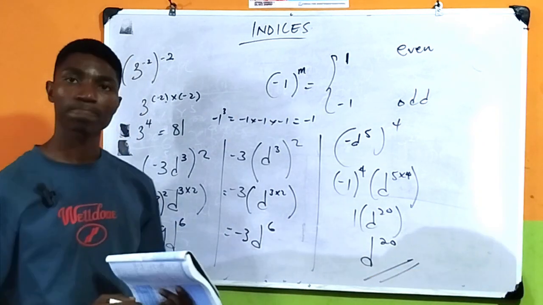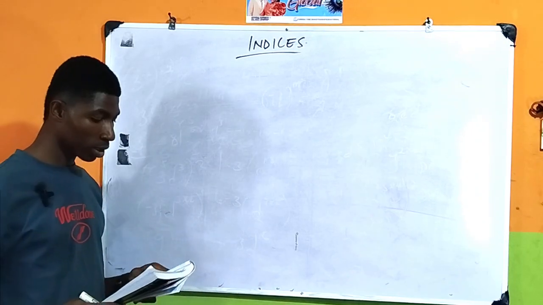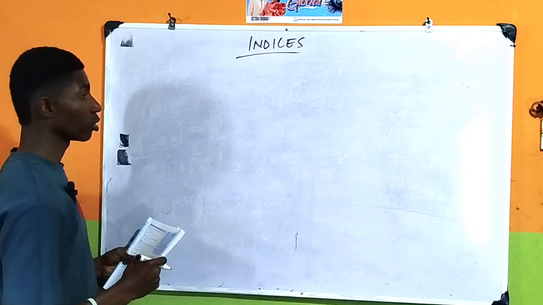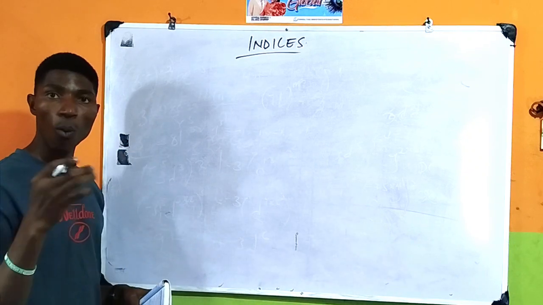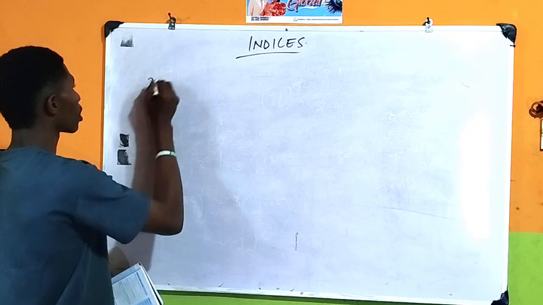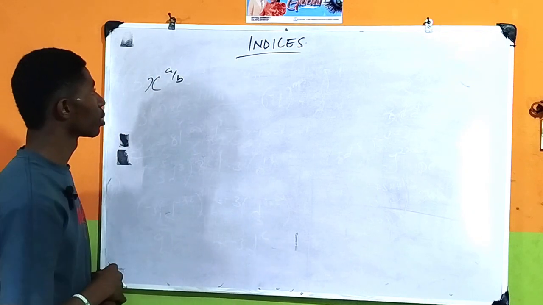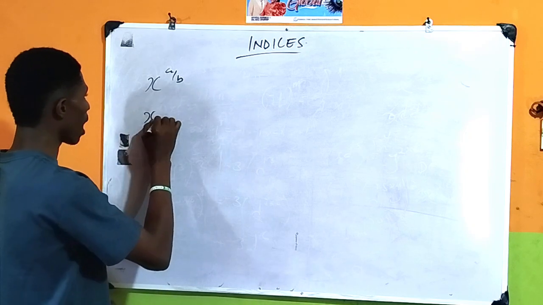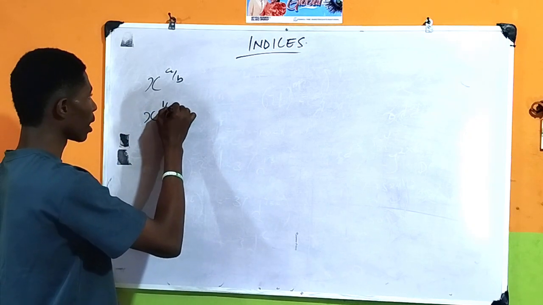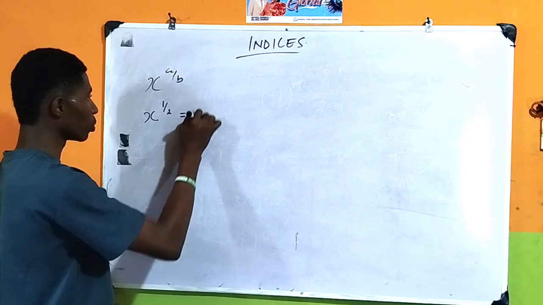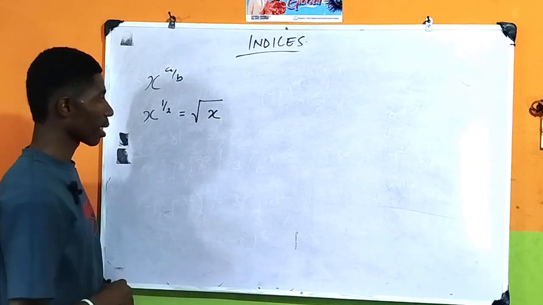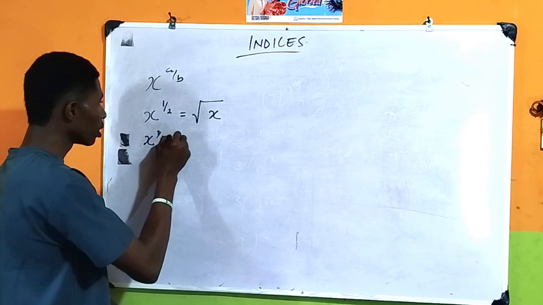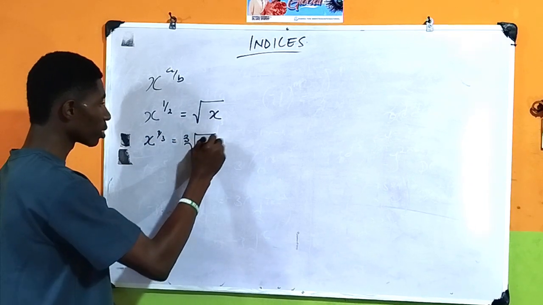Alright. Now, fractional indices. Fractional indices, in other words, fractional powers or fractional exponents, x power a over b. Now, before I touch this, x power 1 over 2 is equal to root x. X power 1 over 3 is equal to the cube root of x.